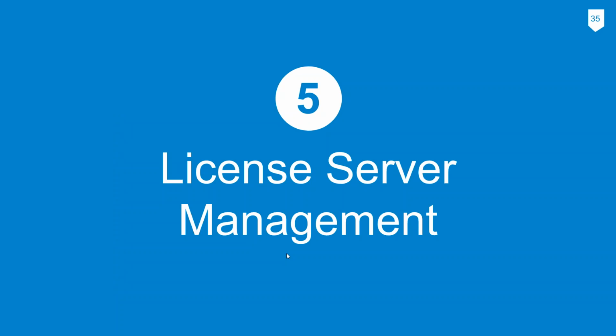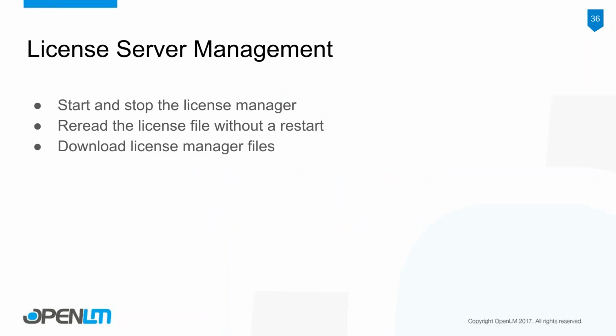The fifth main function of OpenLM's core product is license server management. You can start or stop the license server, reread the license file without a license server restart, and you can easily download and view files which are located on the license server.